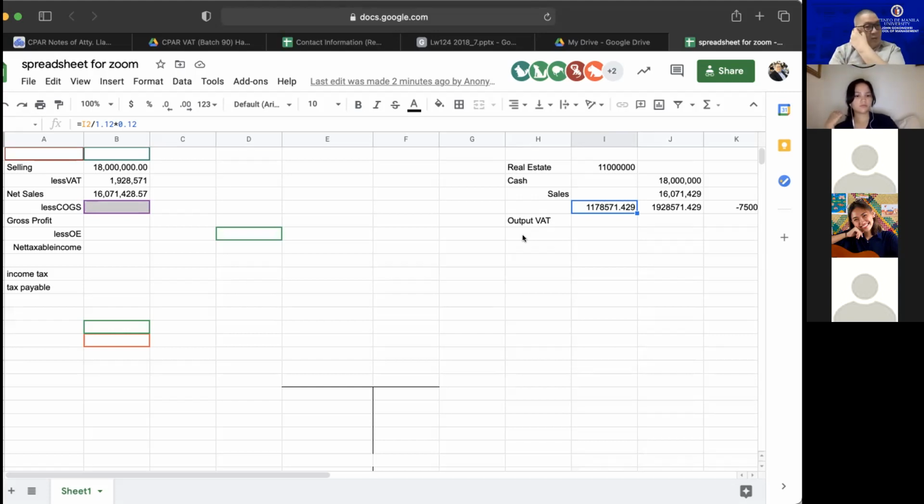Is it going to be the VAT po? Less the VAT. The purchase price less the VAT. No, not the VAT, less the VAT. The purchase price less the VAT. Okay.